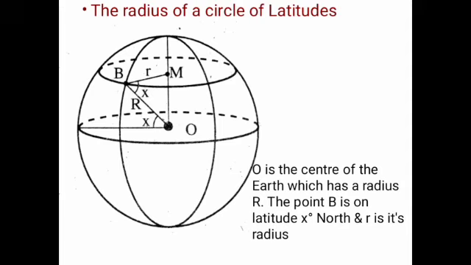If you've observed from the previous diagrams I've been showing you, you would see that as the latitudes are heading towards the North Pole, the circles are actually reducing in size.